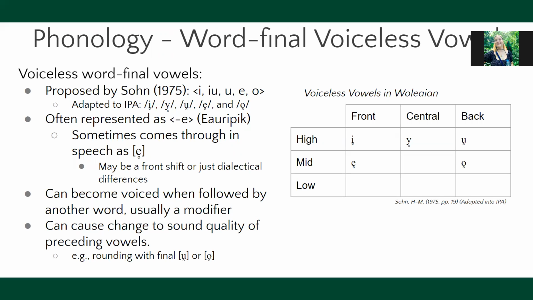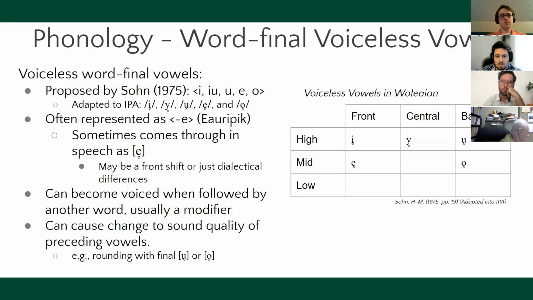This isn't always the case. This is a frequent but still rare. As well, this difference comes through in speech. This could be just dialectal differences or perhaps a larger front shifting. This is just speculative.